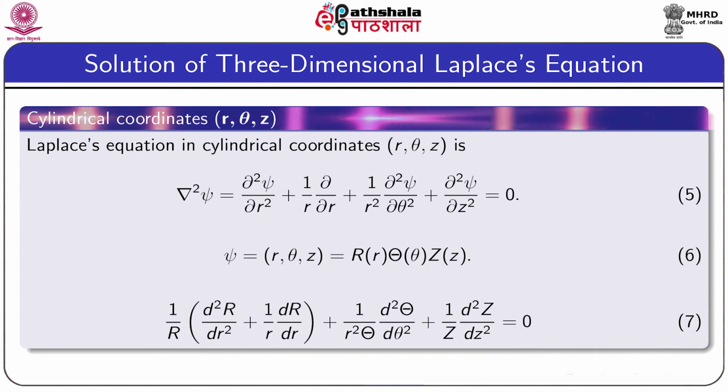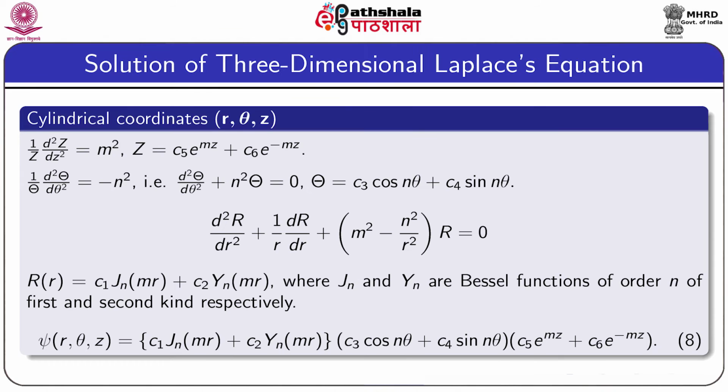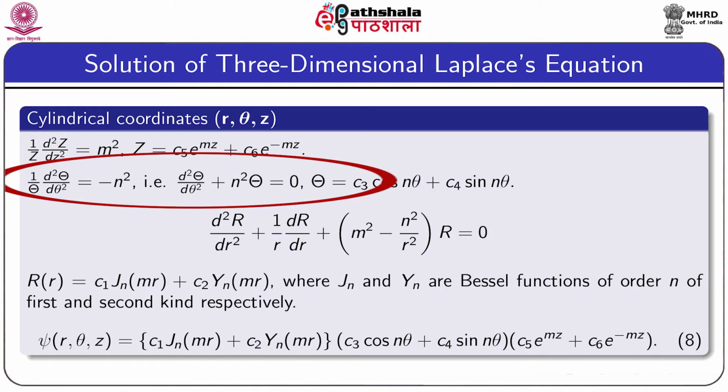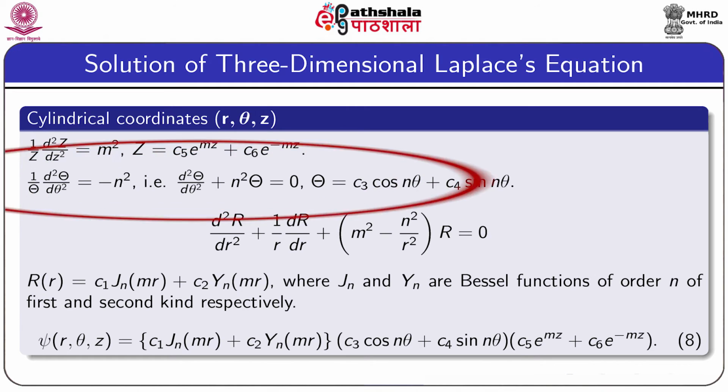From equation 7 we have already separated the variable z, but we need to separate the variables r and θ. For that purpose we assume (1/Θ) d²Θ/dθ² equals minus n². So, n² is another separation constant.